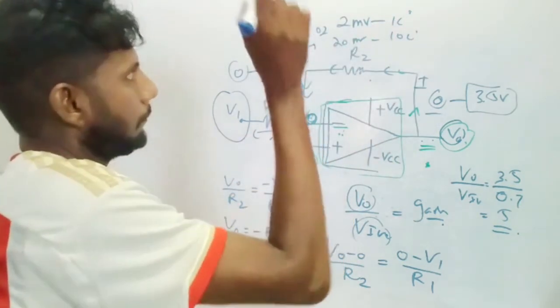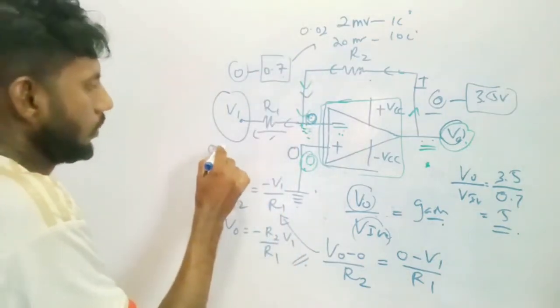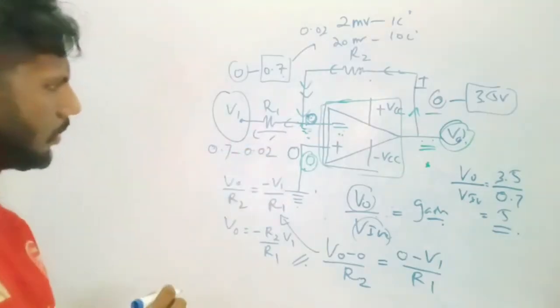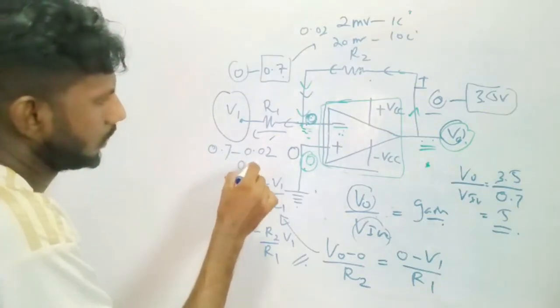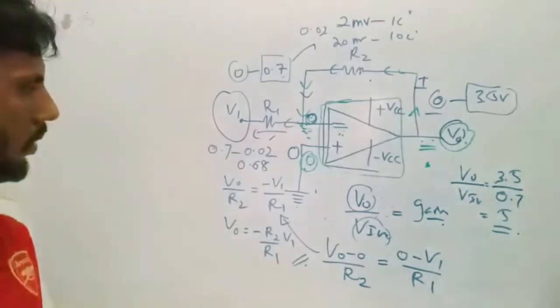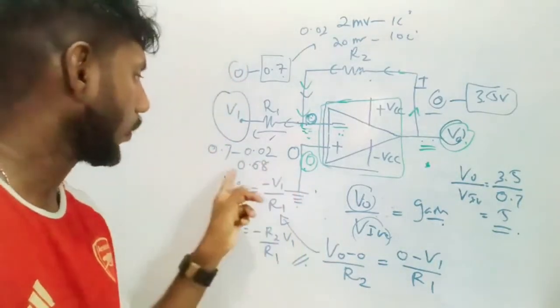So 0.7 minus 0.02 is 0.68. That's the input voltage, 0.68.